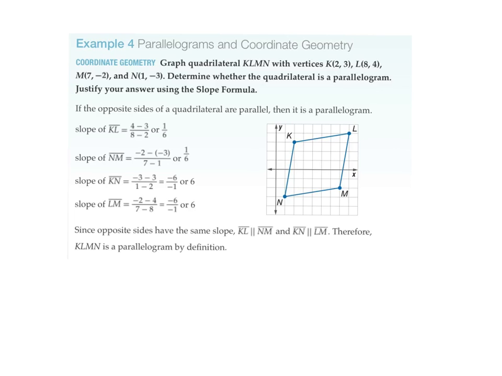Obviously in this one you haven't, and all you've got to do is the slope. Each pair of opposite sides must have the same slope in order for it to be a parallelogram. And as you can see, you've got 2 with 1/6 and 2 with 6. So opposite sides are parallel, therefore it is a parallelogram.